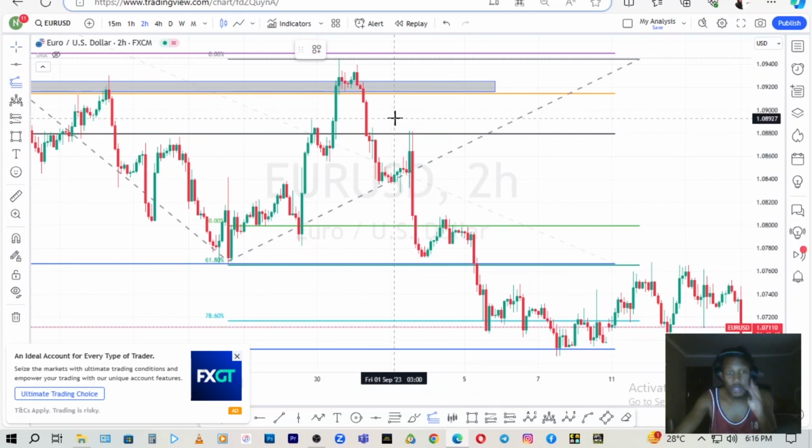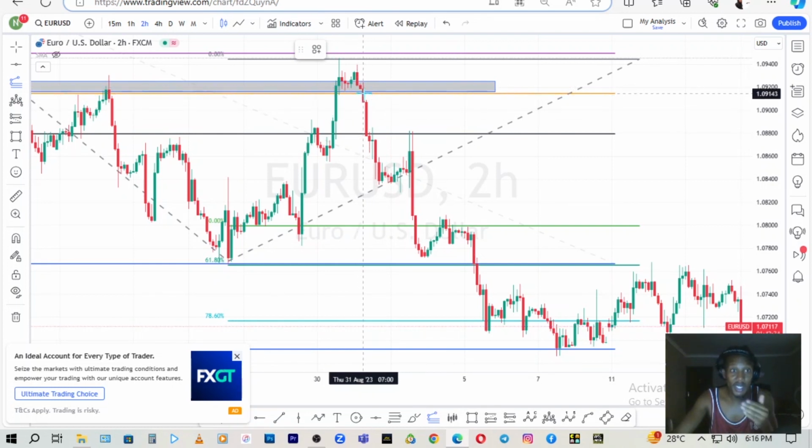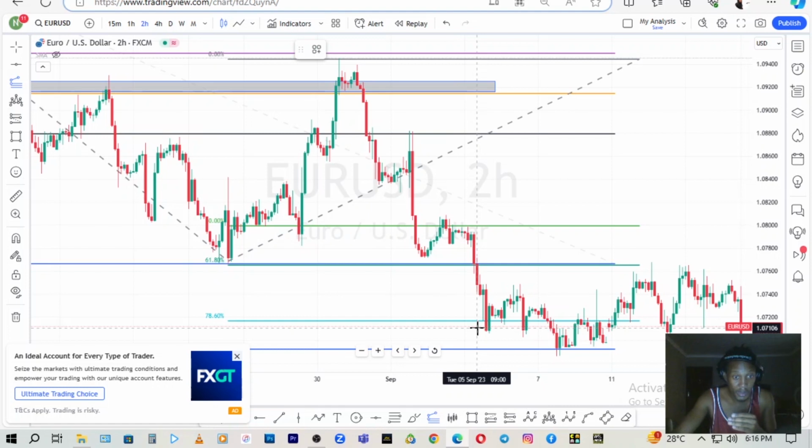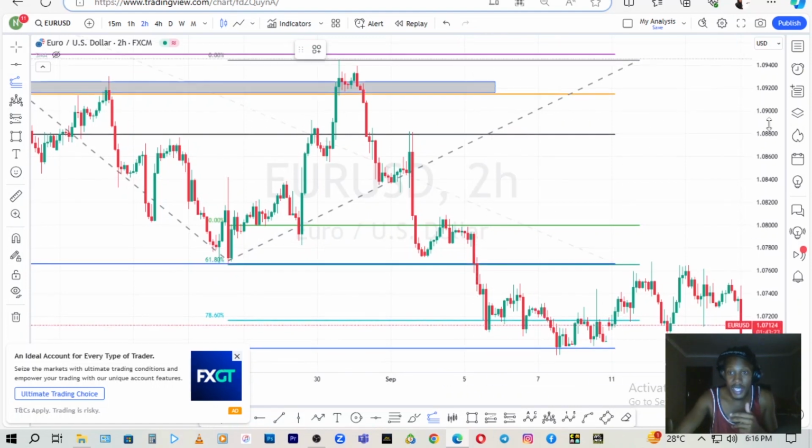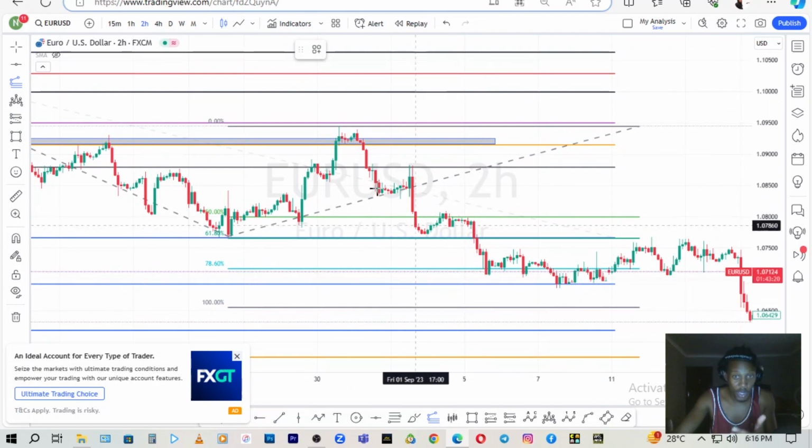I confidently know that from this level, if ever I got an entry, it's going to be an impulse to 78%. So from here it might still go down, but it won't be very impulsive like it was from that 0% to 78%.